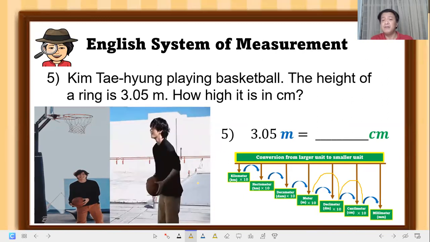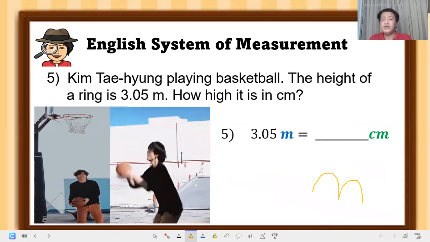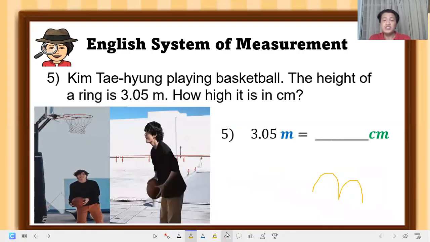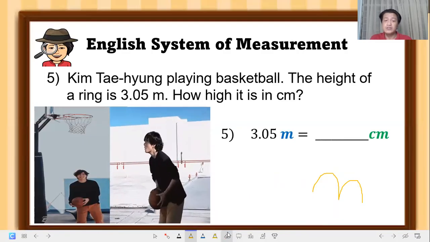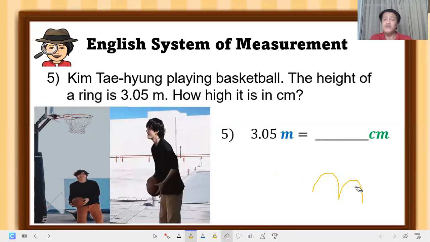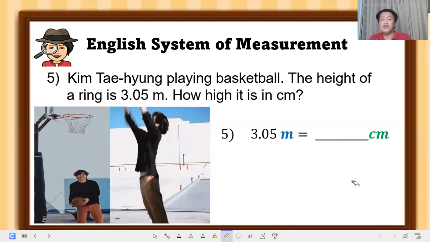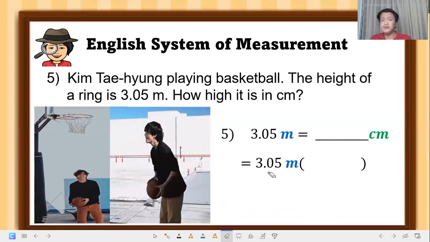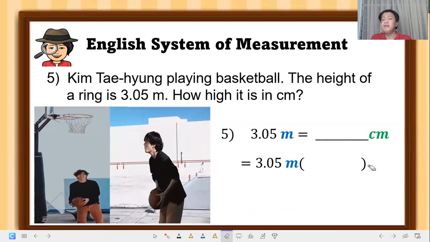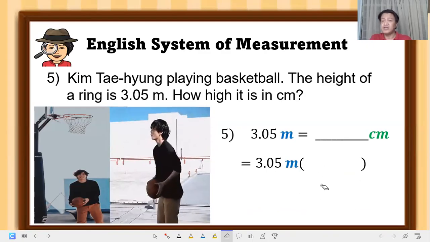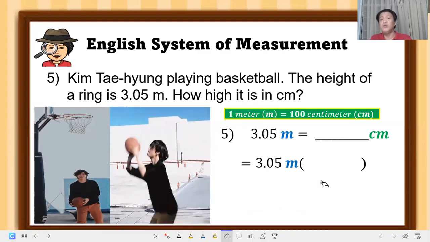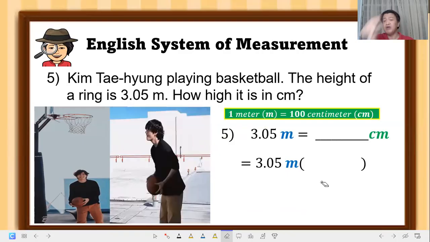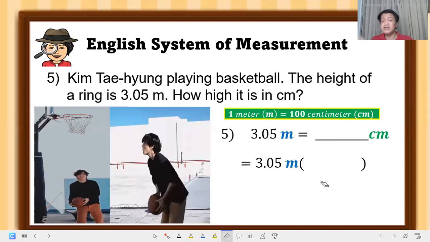Yun magiging answer natin. But the other way, yung ibang paraan natin dyan para ma-solve yan, gagamit tayo ng tinatawag na dimensional analysis with the factors or conversion factor. Okay, so ibig sabihin nga, gagamit tayo ng pattern, 3.05 meter, magmumultiply ka ng kanyang unit fraction. Okay, dapat alam natin yung 1 meter is equal to 100 centimeter. Remember kasi di ba dalawa yung minove mo, kaya 100 yon, 10 raised to 2.